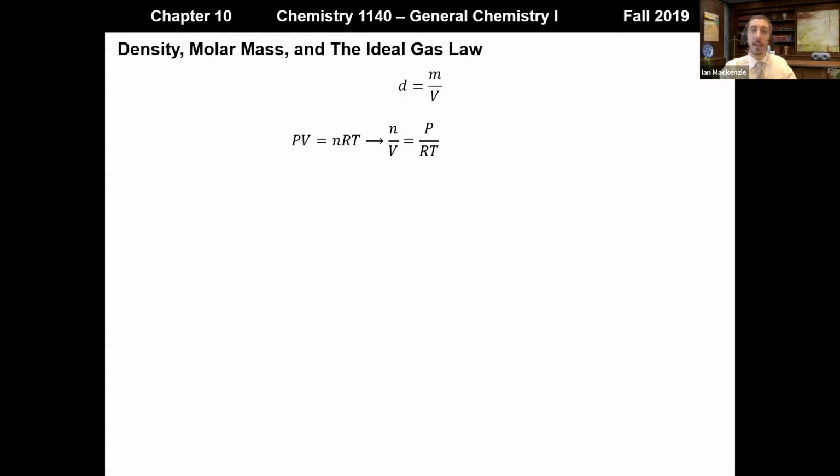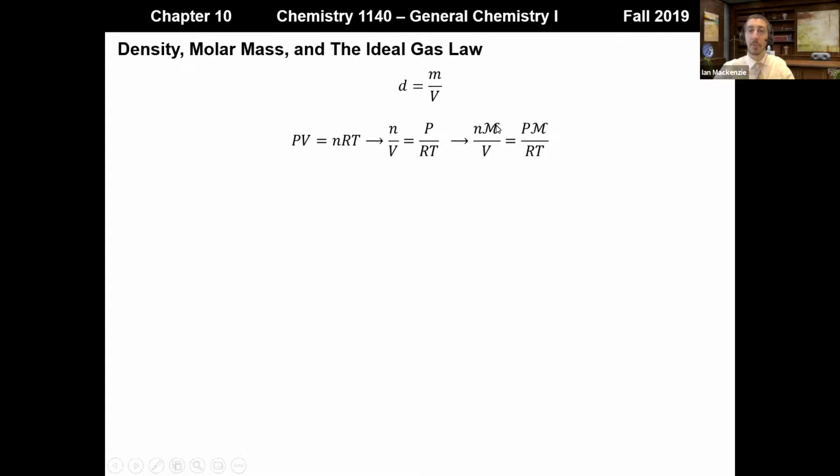Now, if you take the number of moles and multiply it by the molar mass, you would get mass. So if we take this rearranged ideal gas equation and multiply both sides by the molar mass, remember you can do anything to one side of an equation, providing you also do it to the other side. So if we multiply both sides by the molar mass, symbolized here with this fancy M, then you get the number of moles times the molar mass.